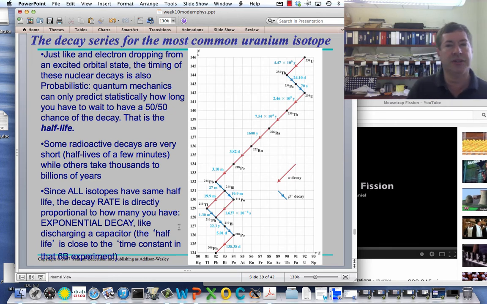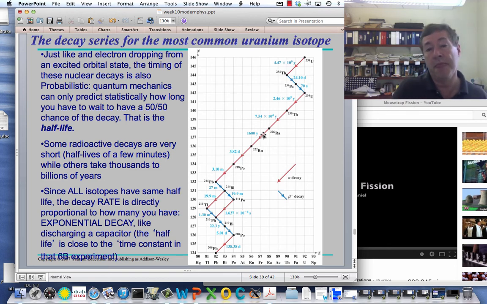And so, classic problem in calculus, which we're not going to solve in this class, is that when the rate of change of a quantity is proportional to minus a constant times the amount of that quantity, that is the formula for an exponential decay, just like discharging a capacitor. The half-life of these radioactive decays is very similar to a concept you saw, hopefully in 6b, of the time constant of a discharging capacitor.